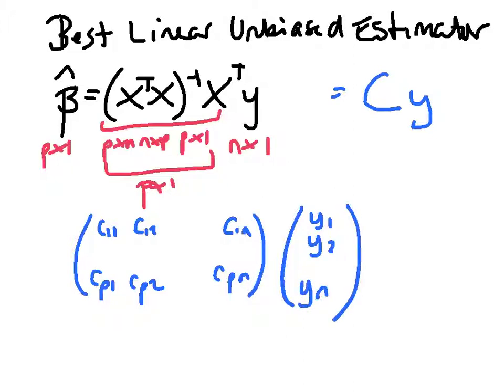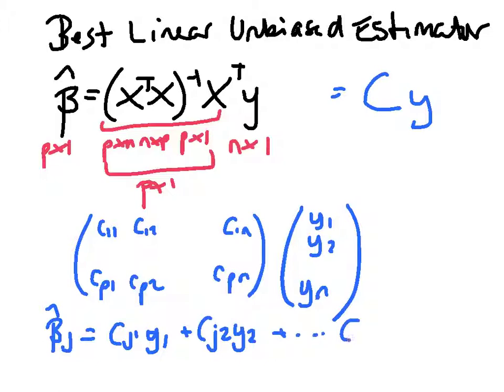So what we're basically saying is that beta j is equal to cj1 y1 plus cj2 y2 and so on until we have a cjn yn.